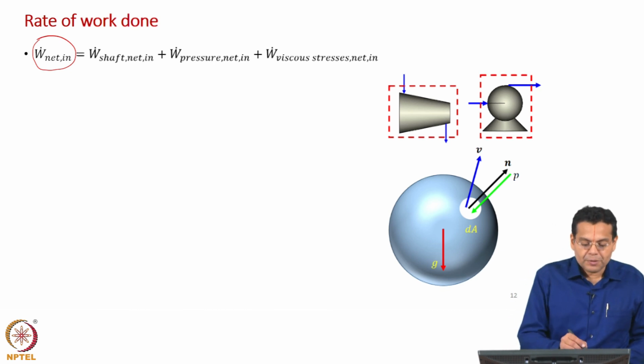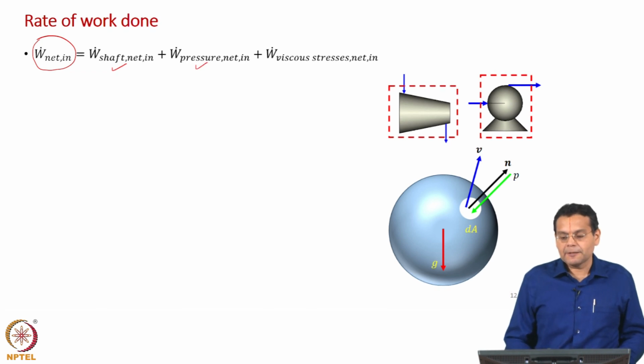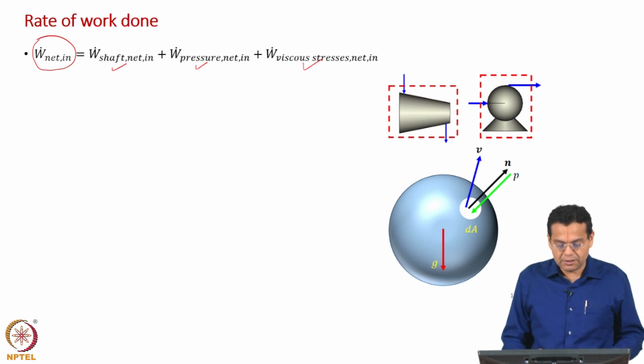What are they? One is the shaft work, another is the work done by pressure, and the third contribution is the work done by viscous stresses. So, rate of work done is equal to rate of shaft work, plus rate of work done by pressure, plus rate of work done by viscous stresses. Let us see how we express all of them.